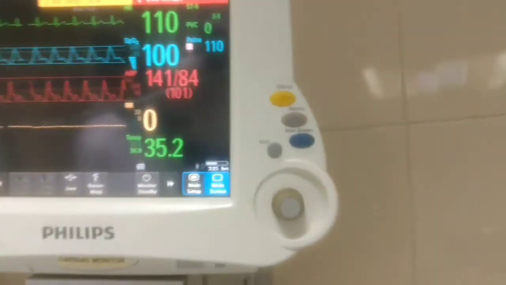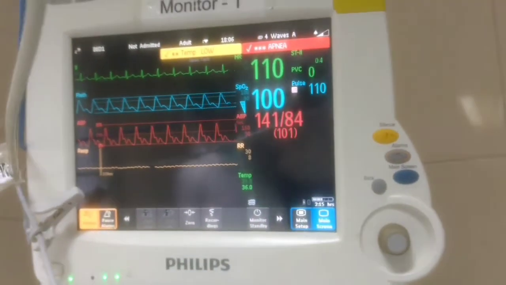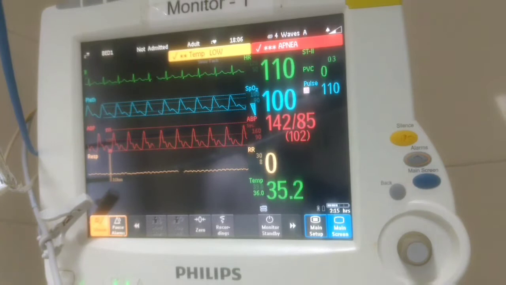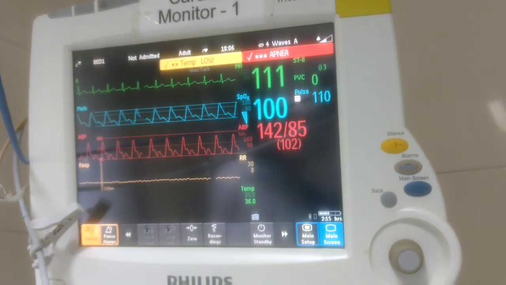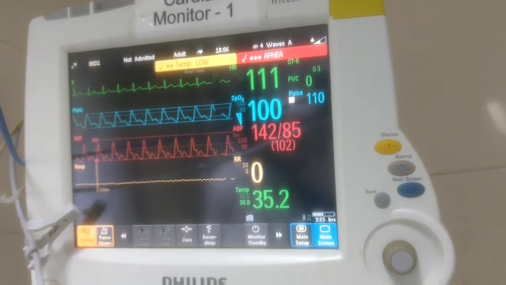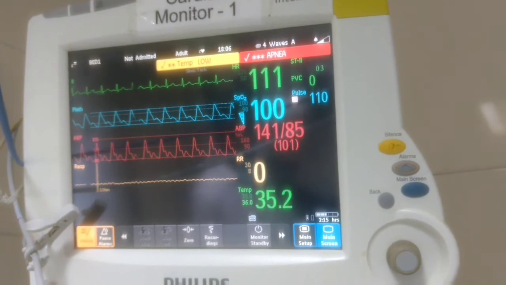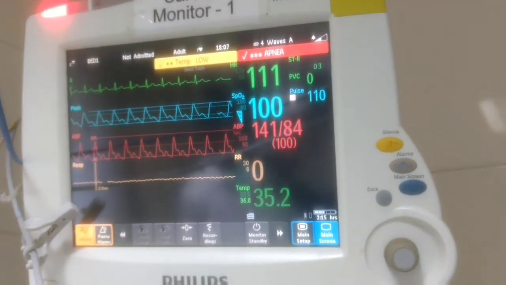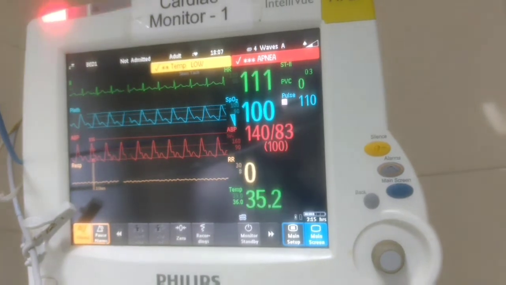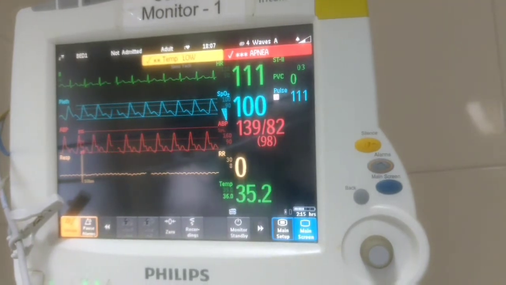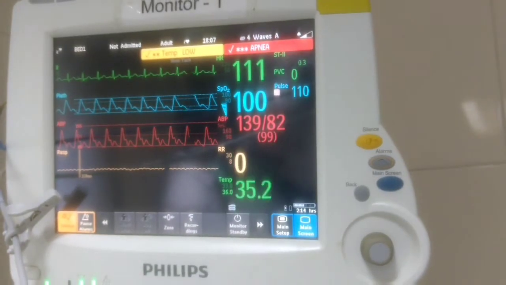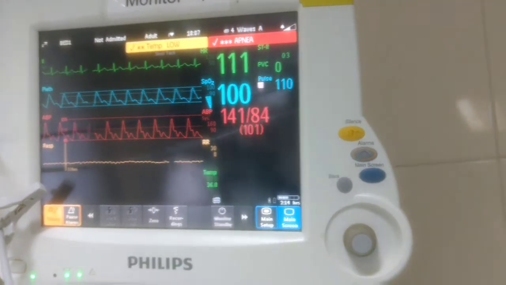Carefully monitor the patient. The fibrillatory waves in the respiratory monitor are showing the pulsatile waves from the heart. The respiratory effort is 0. The monitor is showing a continuous apnea alarm. Almost we crossed 7 minutes.